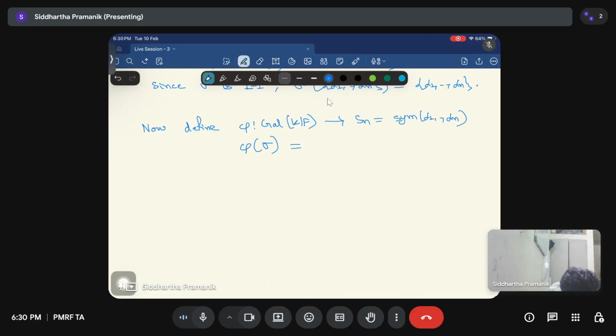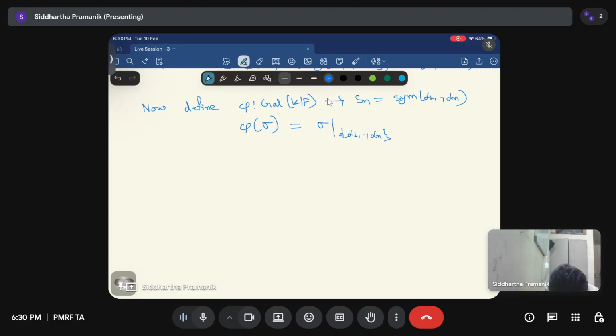Then you just map it to the restriction of sigma to this set alpha 1 up to alpha n. Then sigma is a permutation on this set.